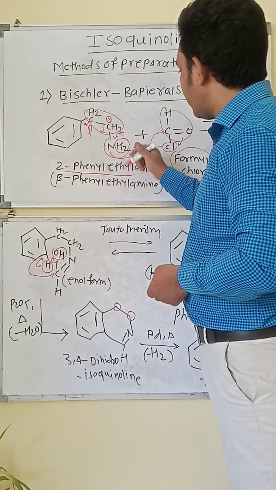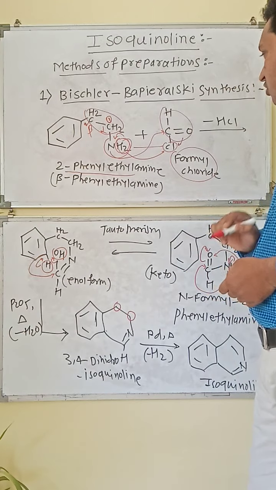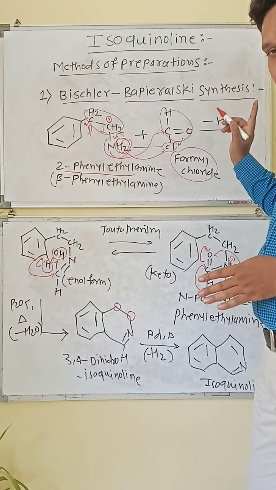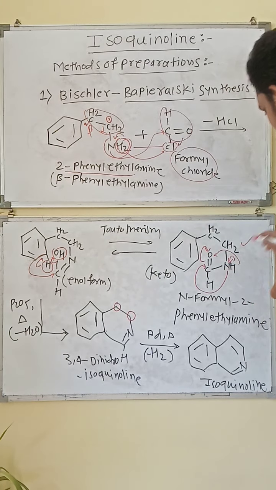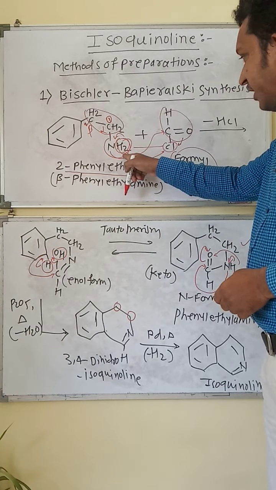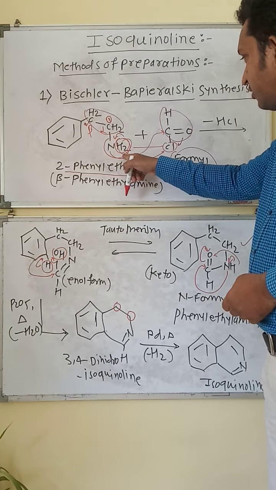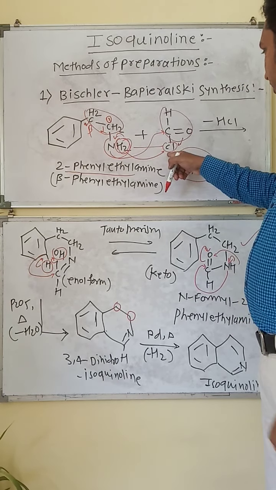The amino group contains hydrogen, which will be attached to the chlorine of the formyl chloride with removal of HCl. Now there is a condensation of this structure. There is a removal of one hydrogen from the amino group, so NH2 becomes NH, and the chlorine takes the lone pair of electrons towards itself.